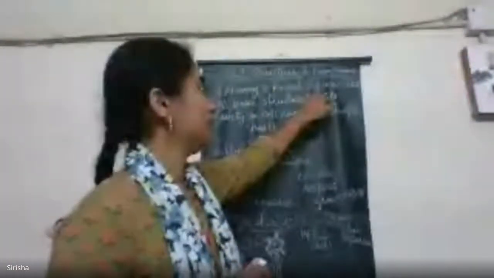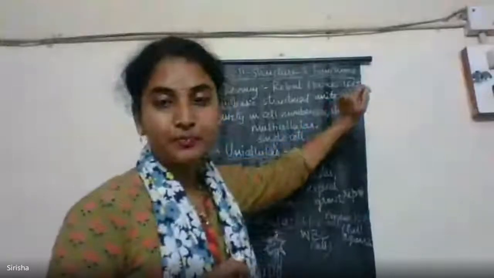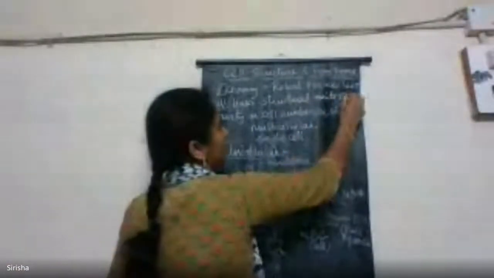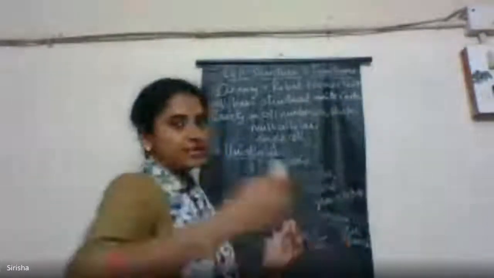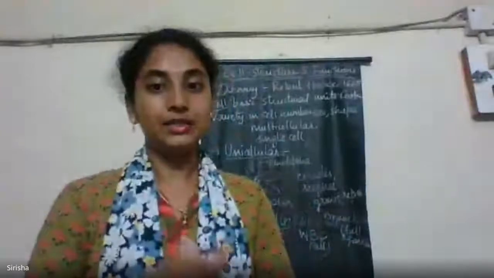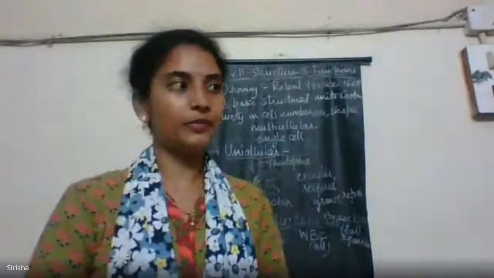Back in 1665, there was a scientist called Robert Hooke. In 1665, he took cork, that is, a piece of bark of a tree. He observed this cork under a microscope.